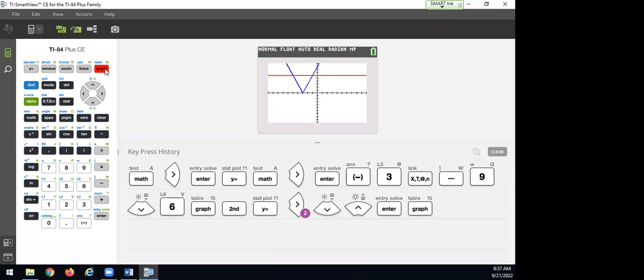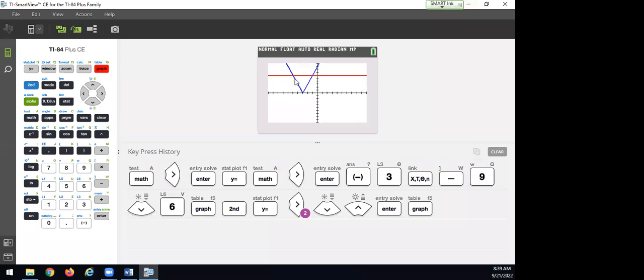Are you all seeing the graph? All right, so now we're going to calculate the intersection to see what our x values are at those points. To do that, go to second and then calculate, which is your trace button.